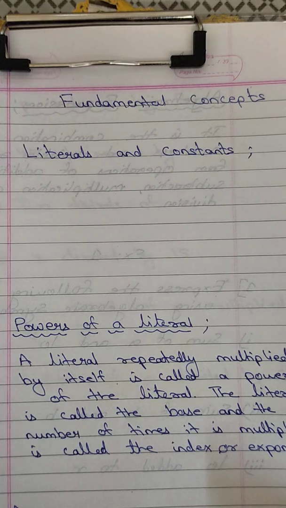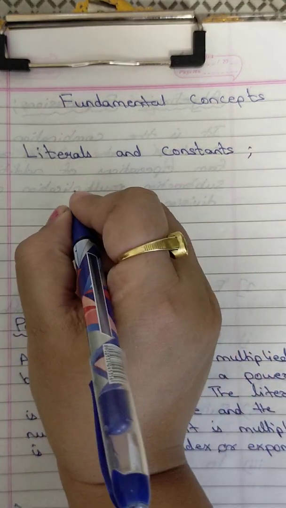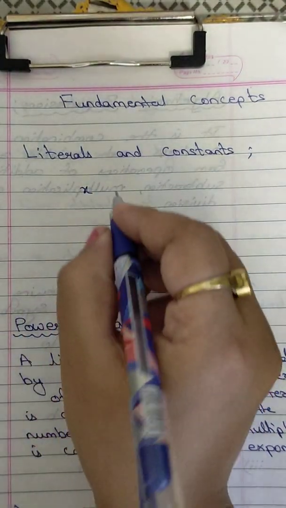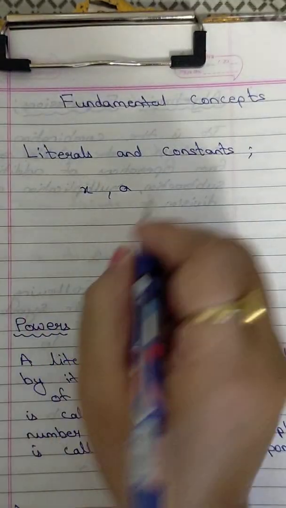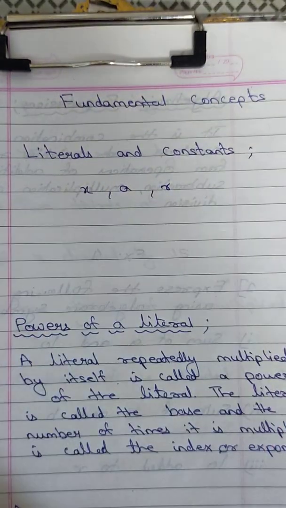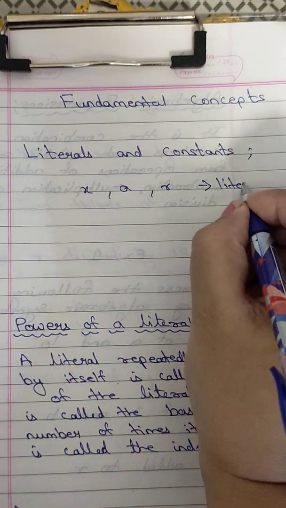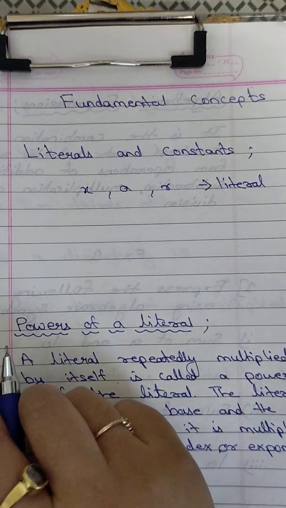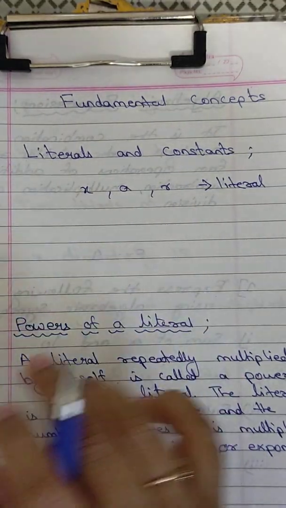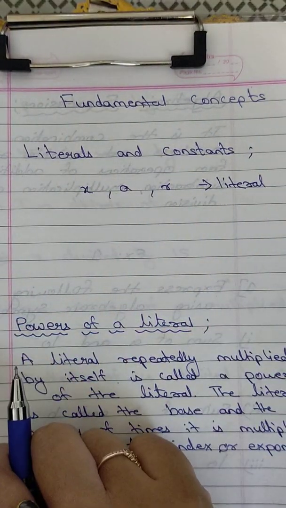Literals are just the symbols which we use to represent an unspecified number. For example, normally we use small alphabets like x or a or r. They are called literals because they don't have a specific value. They change the value based on the constants they are fixed with.